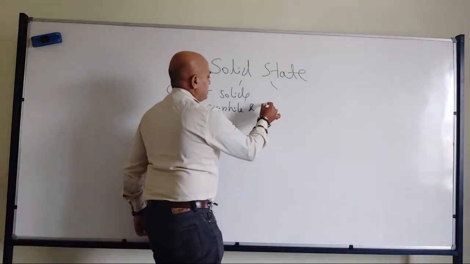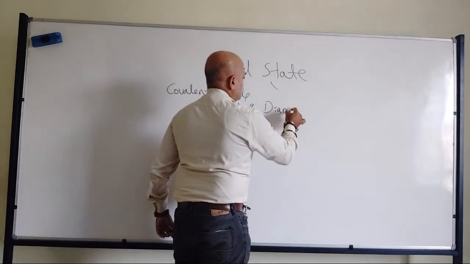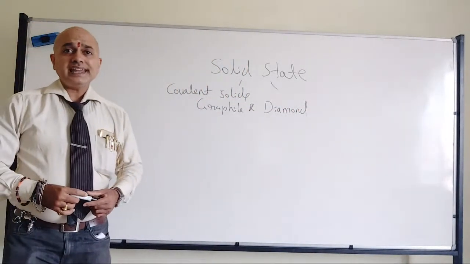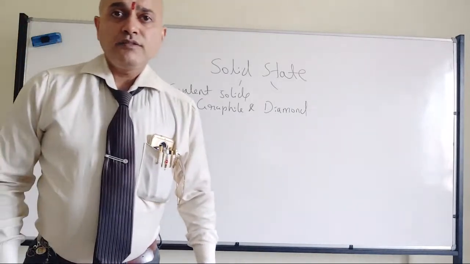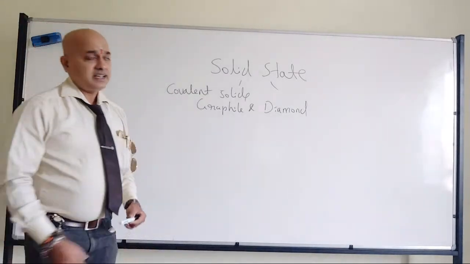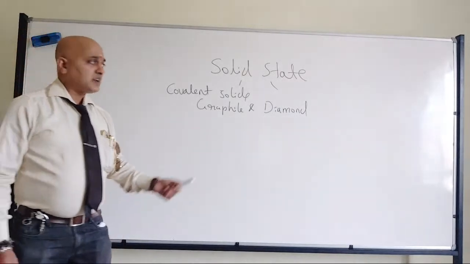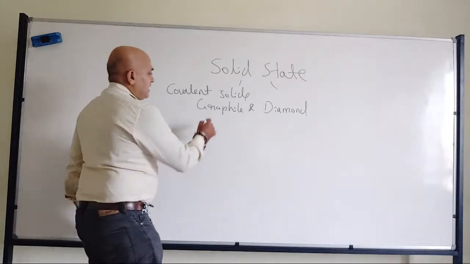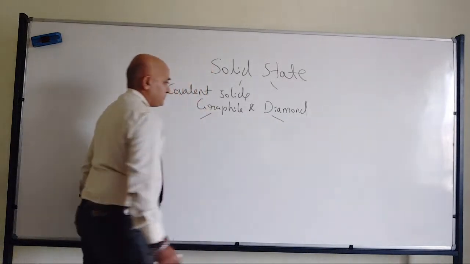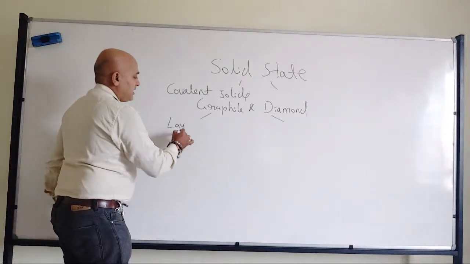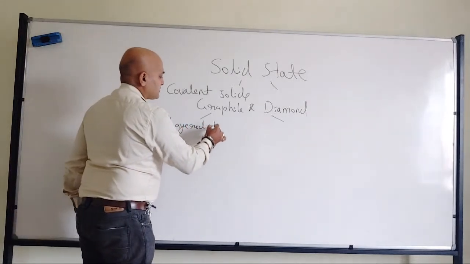Graphite and diamond are the very good examples, and you can expect a one mark question on this. In first PUC people have already studied allotropes of carbon, and once again it is there in second PUC. Now when it comes to graphite, it has a layered structure.